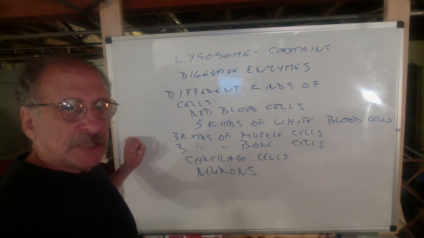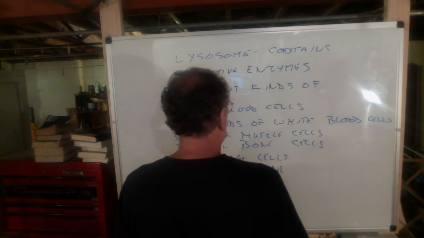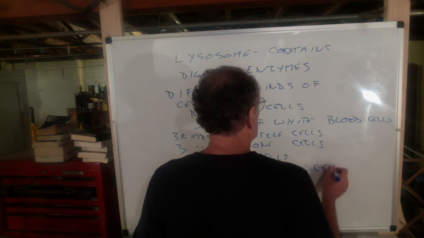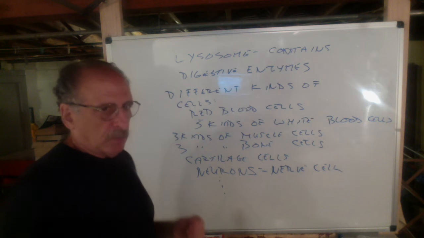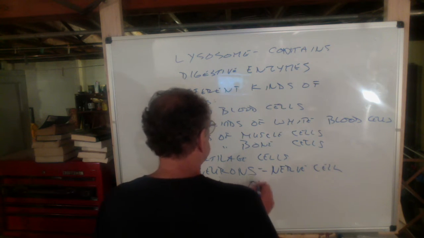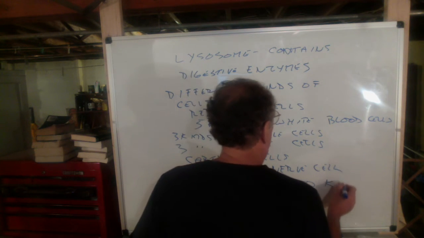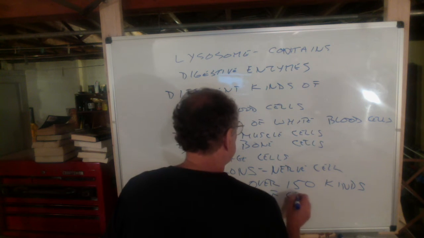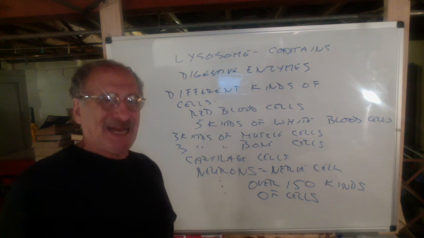What kind of a cell is a neuron? A neuron is a nerve cell. And the list goes on, and depending on what book you look at, there's over 150 kinds of cells in a human body. Over 150 kinds.